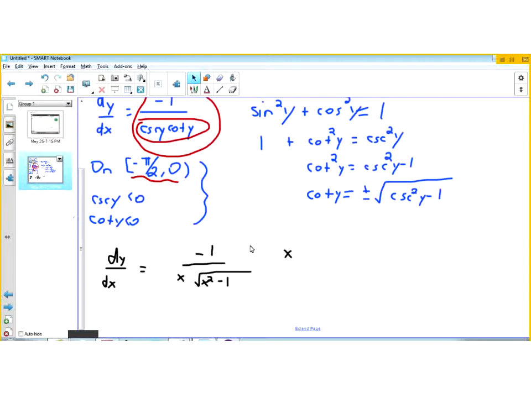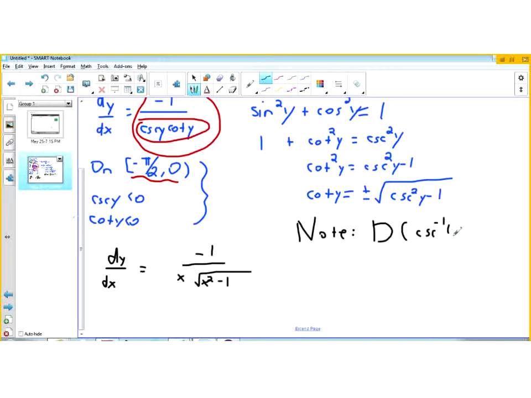So when we calculate the derivative of the arc cosecant function, we have to conform to where the arc cosecant function exists. So what I'm going to write here is a note: based on the graph that we just saw, the domain of the inverse cosecant function x is equal to this.